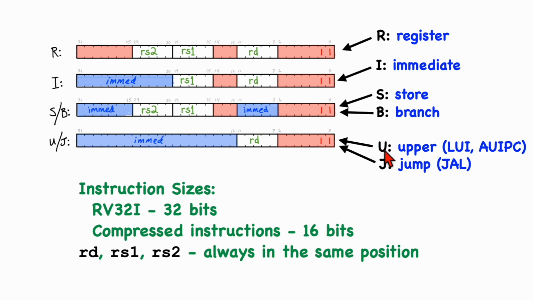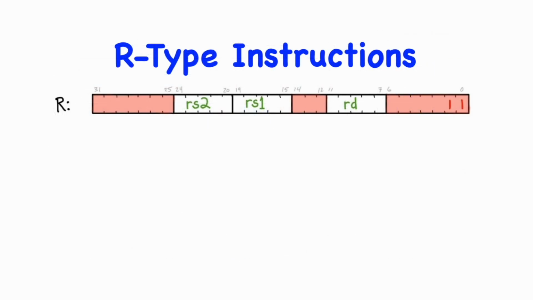Then we have U-type instructions, of which there are only two: the load upper immediate instruction and the add upper immediate to the PC instruction. And we have the J-type instructions, or perhaps I should say instruction, since there's only one of them, and that is the jump and link instruction. Next, let's take a look at each of these encodings in greater detail.